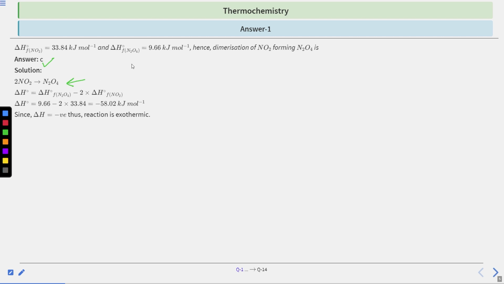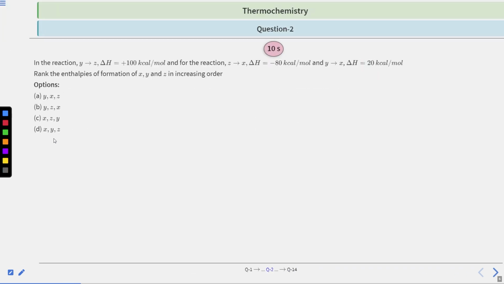On putting the values given in the question, delta H naught for the reaction will be minus 58.02 kilojoule per mole. Since delta H for the reaction is coming out as negative, the reaction is exothermic. Hence option C will be the correct answer.